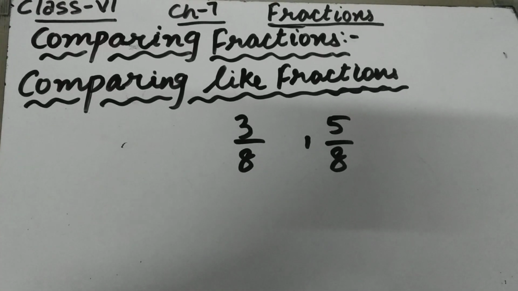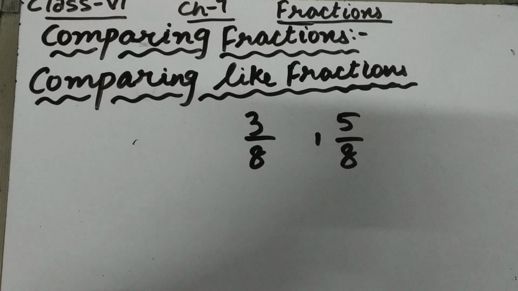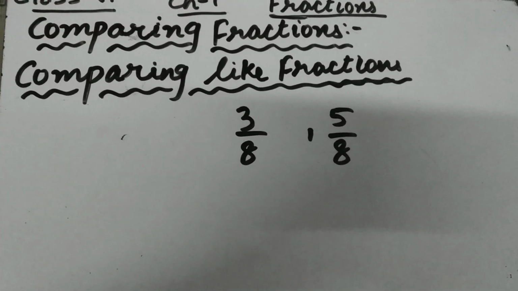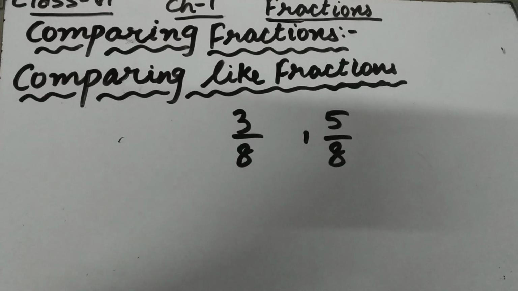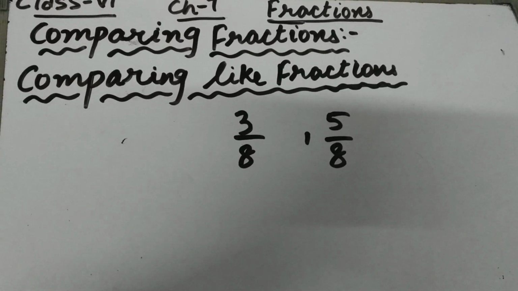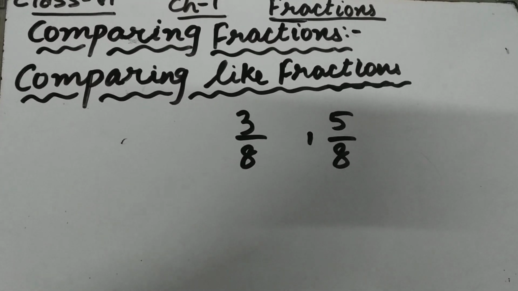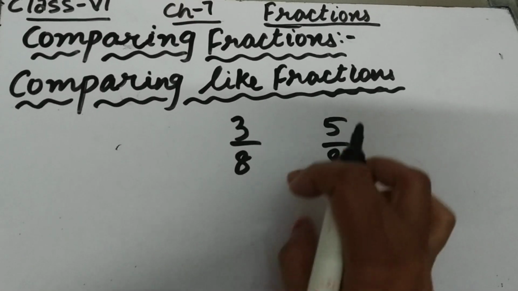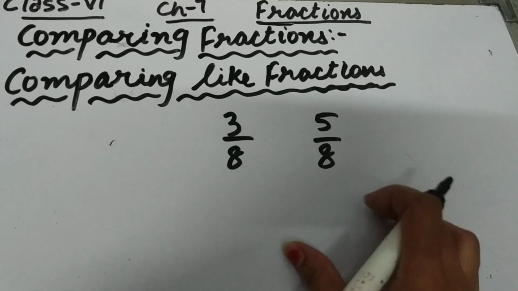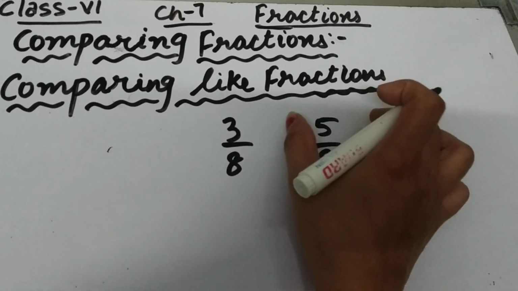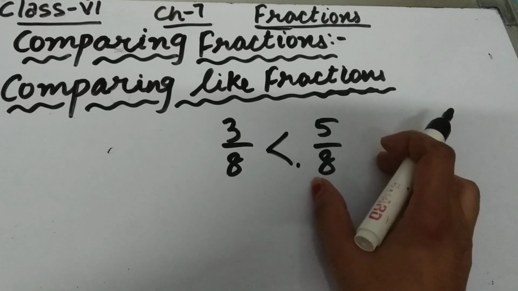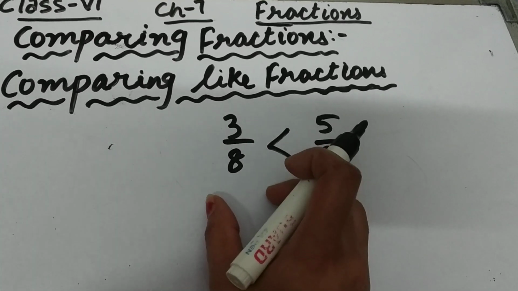Now how will we compare? In case of like fractions, the fraction that has greater numerator is greater and the smaller numerator is smaller. So out of 3 upon 8 and 5 upon 8, the numerator 5 is greater. So 5 upon 8 is greater than 3 upon 8.